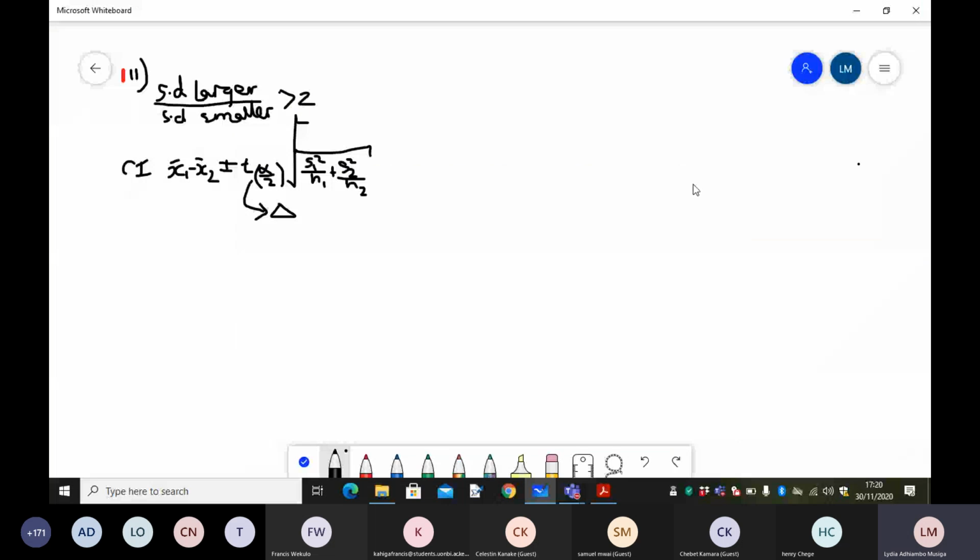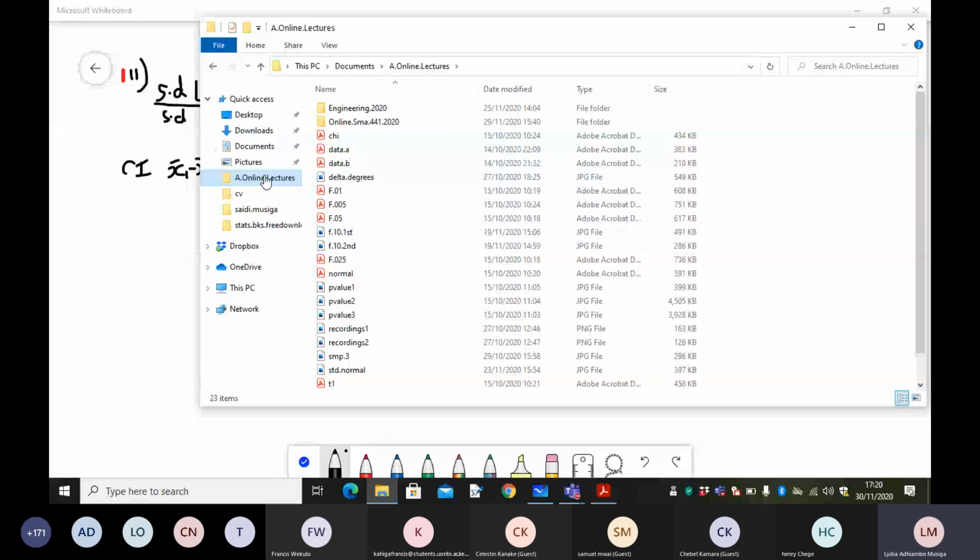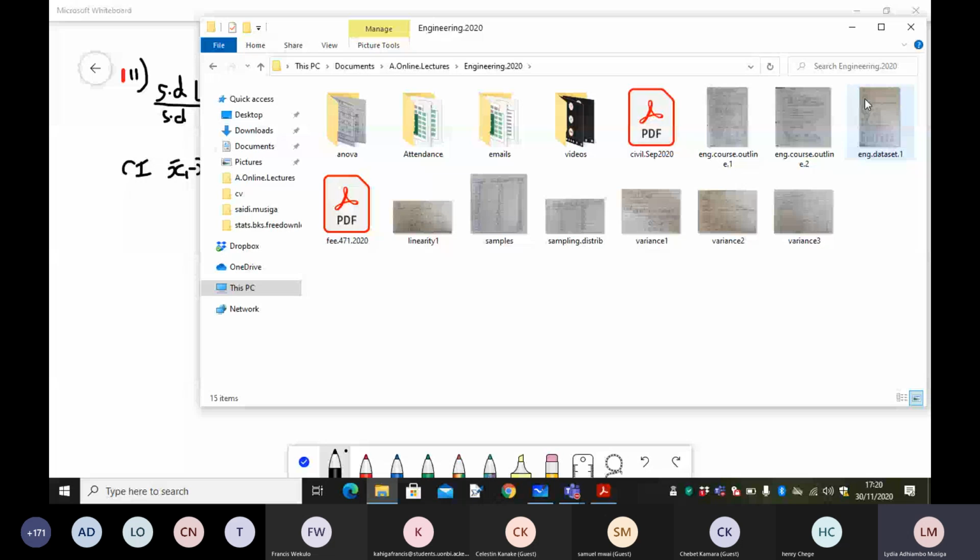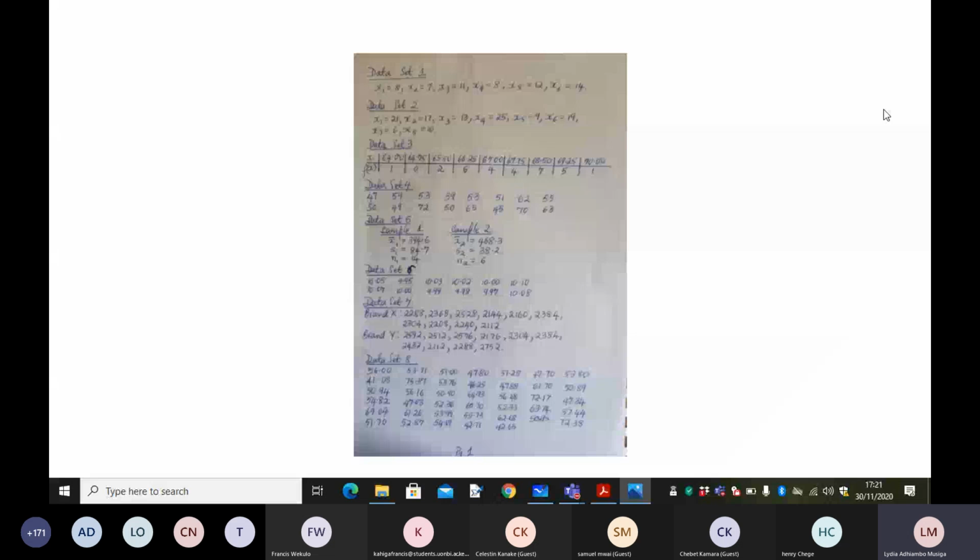So now we consider data set 5, which I had given you. In our next example, we want to see how to calculate the confidence interval when the variances are not assumed to be equal.